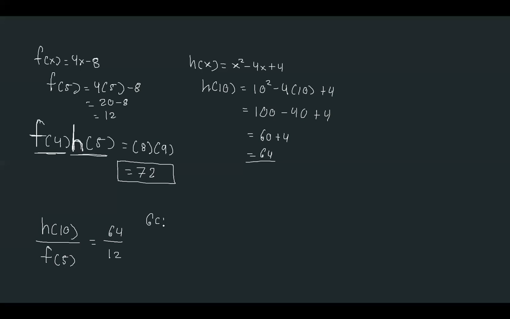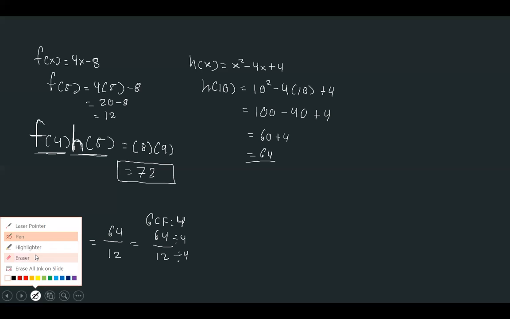Your GCF is 4. All right. So what we're going to do is, we have 64 over 12, right? We're going to divide them each by 4.